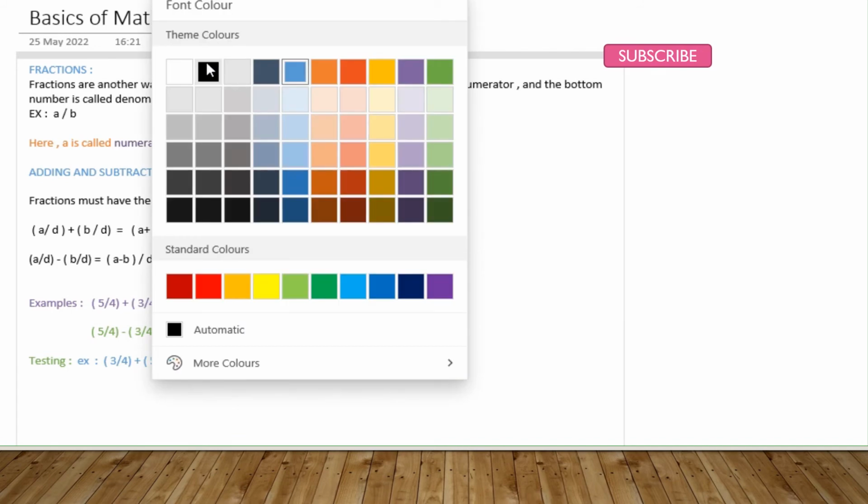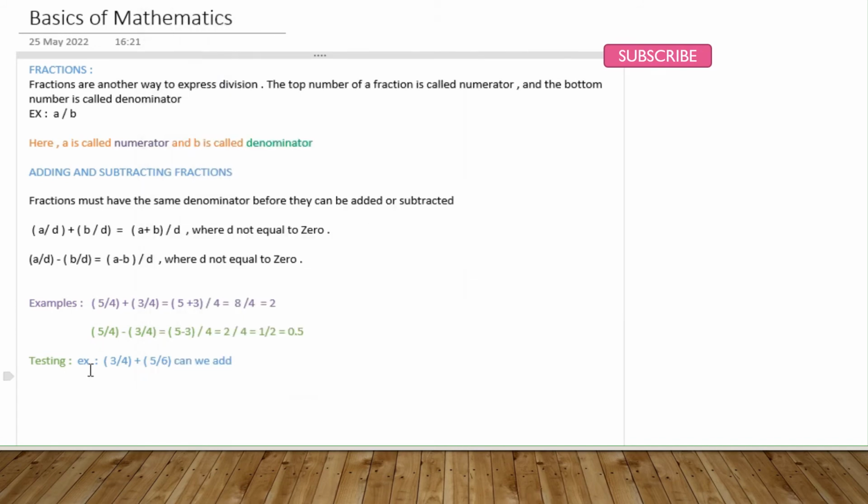Anyone know? I'm going to explain. No, because the denominators for both fractions are different.